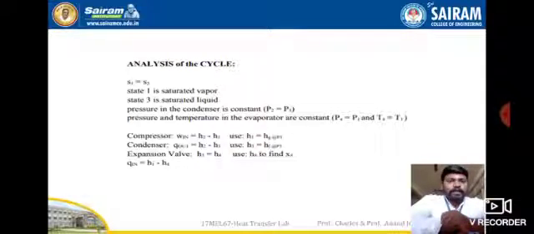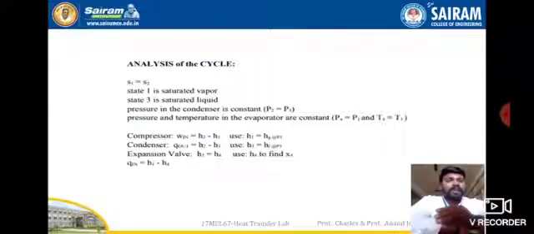Next, move on to the condenser, H2 minus H3. This is the 2 to 3 process. Here again in the steam table, which value do you take? For H3, that is at P3 pressure, whichever pressure is given in the problem, we take Hf as H3, because it is in the liquid state.